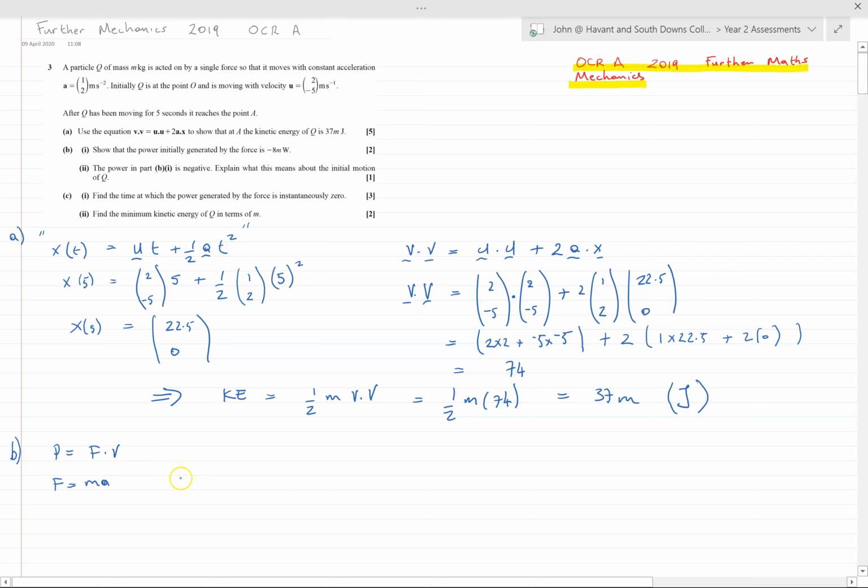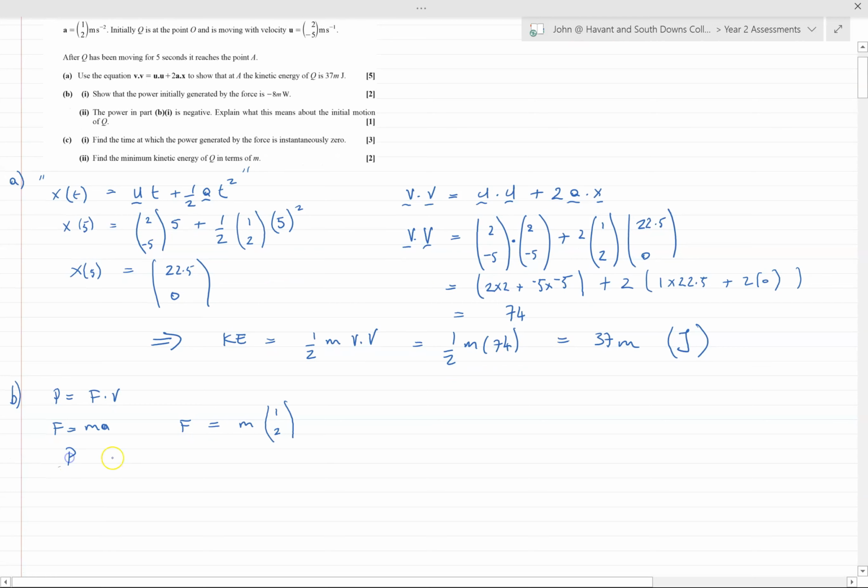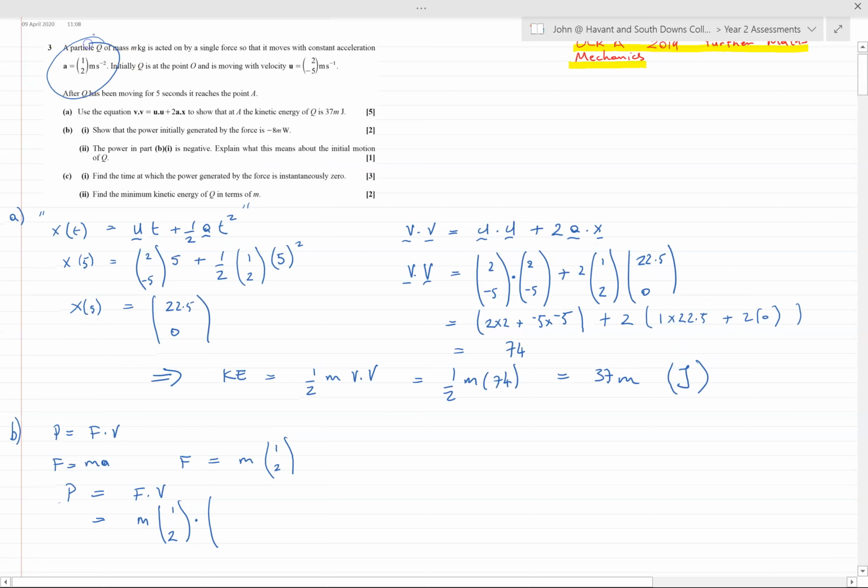So that tells us that the force is equal to mass times acceleration, so that's m times (1, 2). Now we can say that P is equal to F dot V, which is equal to the force, which is m(1, 2), dotted with the initial velocity, which is (2, -5).